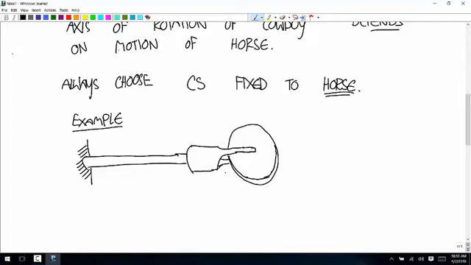So let's say that this is rotating at 20 radians per second. I mean it to be just this head that's spinning around that shaft.